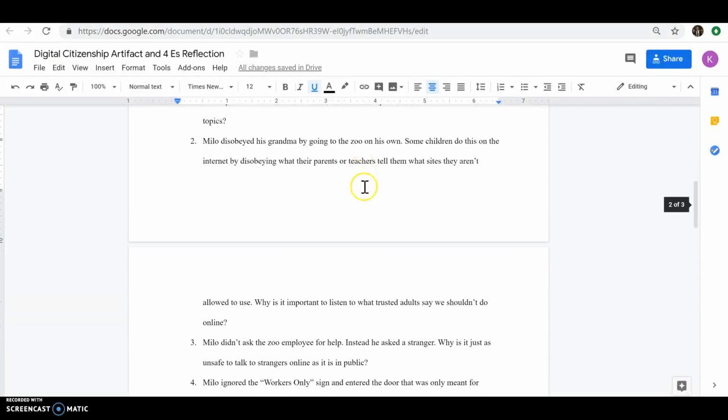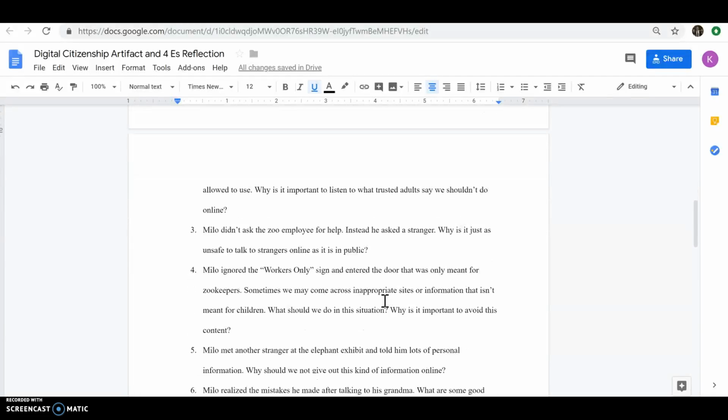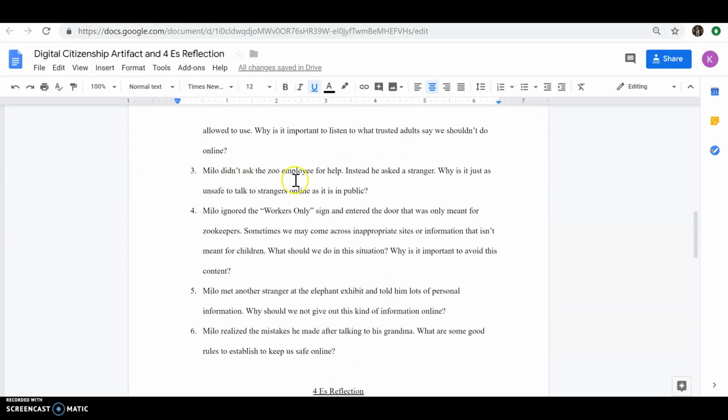And then I got into some of this material about why it's important to listen to what trusted adults say about proper online behavior. And some of these specifically address the mistakes that the character made throughout the book, such as talking to strangers in public is just as dangerous as talking to strangers online.